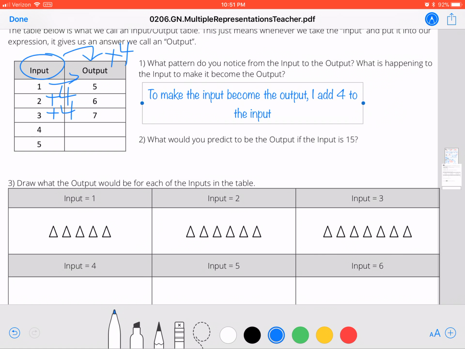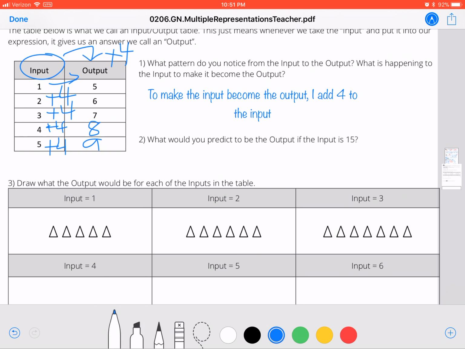So now let's go back and fill the rest of this in. 4 plus 4 would give me 8. 5 plus 4 would give me 9. All right, and then the next question, what would you predict to be the output if the input is 15?